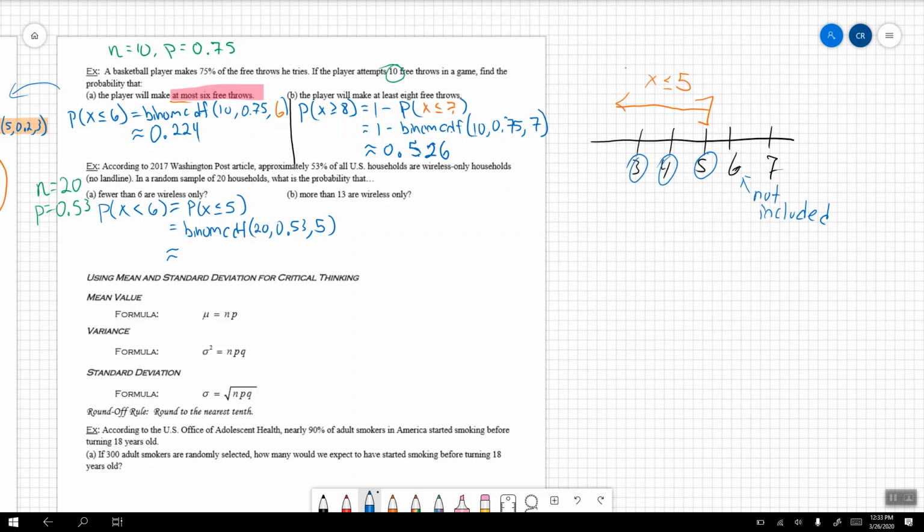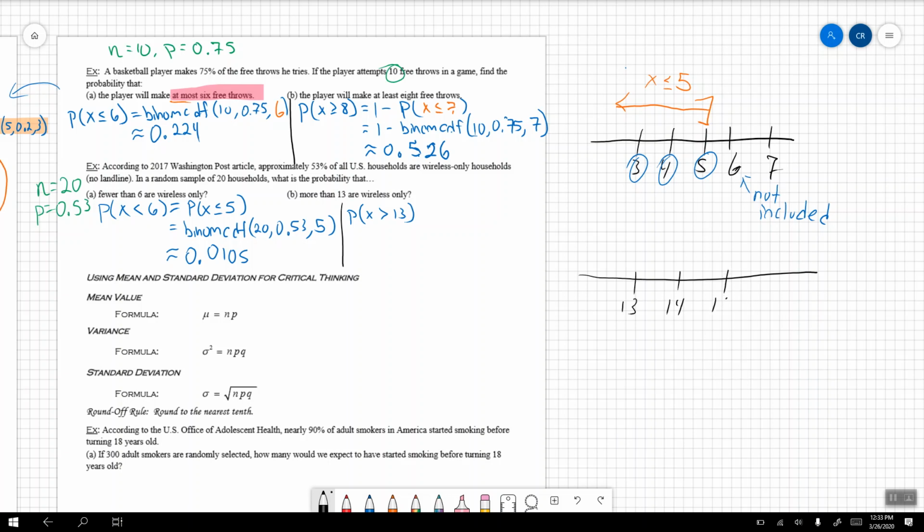Awesome, so here we go. That was a probability of 0.0105. Nice. Now the next probability. We want the probability that more than 13 of them are wireless. So I'm going to go back to my number line. More than 13.